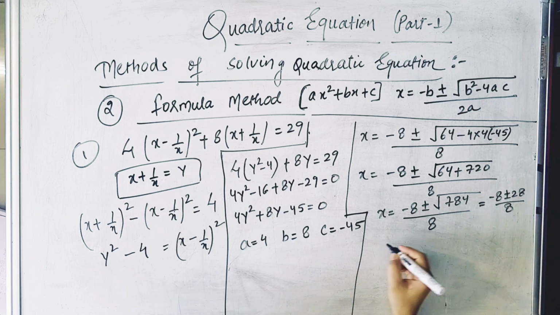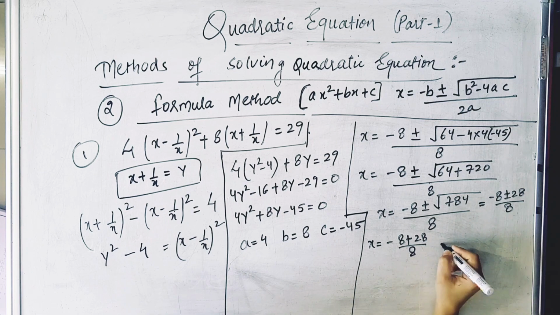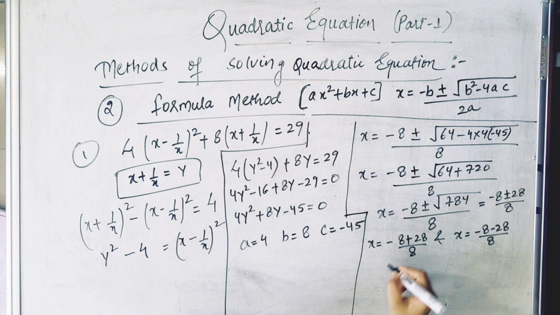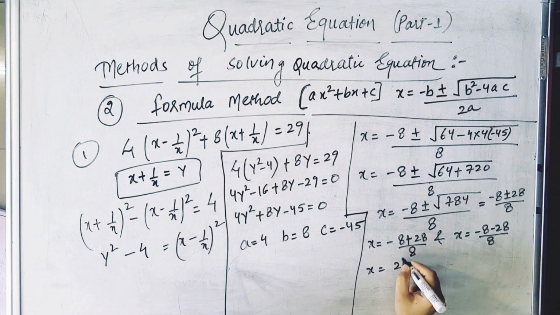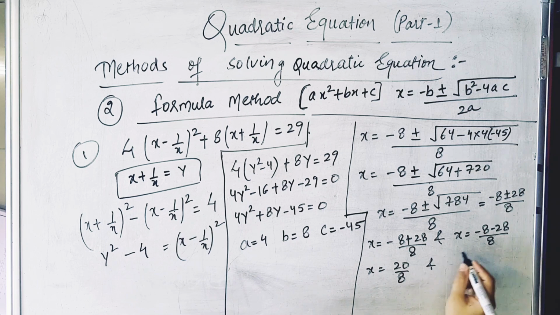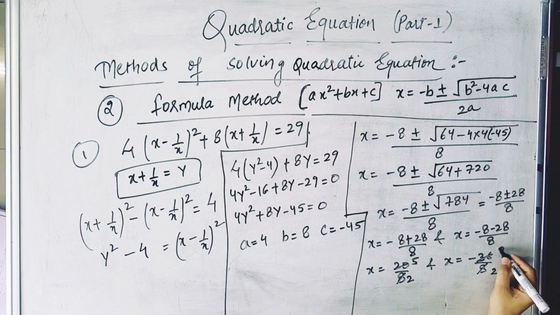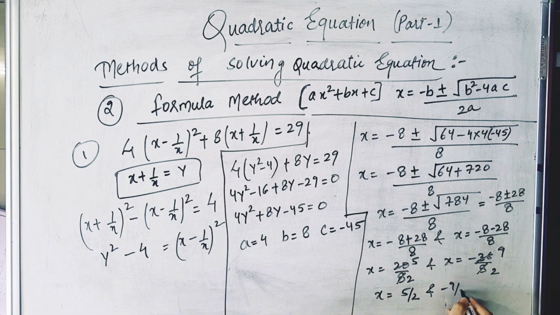Once we'll take the plus sign, so x is equal to minus 8 plus 28 by 8, and one time we'll take the negative sign. So over here we'll get 20 by 8 and over here we'll get x is equal to minus 36 by 8. Thus when we'll solve this, we'll get 4 2s are 8 and 4 5s are 20, and when we'll solve this, we'll get 4 2s are 8 and 4 9s are 36. Thus the value of x will be 5 by 2 and minus 9 by 2.